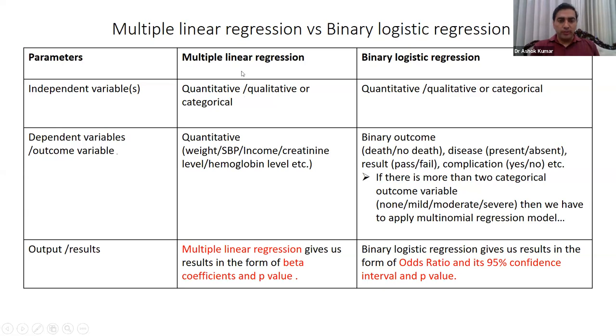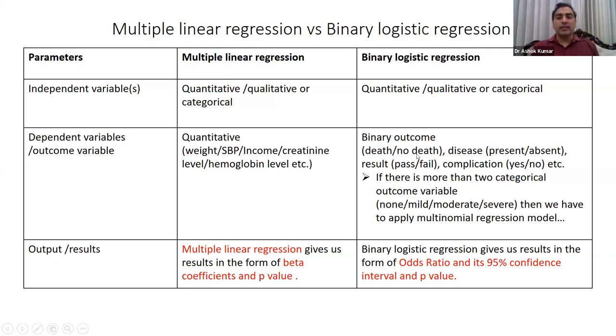In case of multiple linear regression, the dependent variable is only quantitative type, only single. For example, HB, creatinine level, hemoglobin, weight, systolic BP. But in case of binary logistic regression, it is a binary outcome.